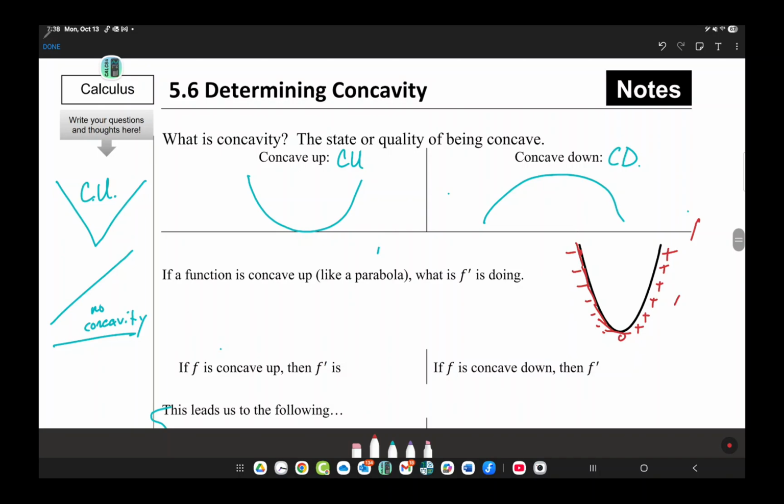So a function is concave up if f prime is changing from negative to positive. Now, that is probably my least favorite way of determining concavity, because that's a lot of work.